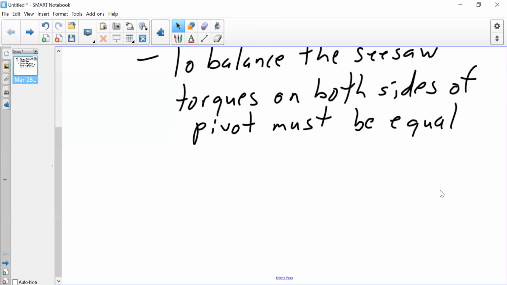So the equation for torque, like force where we get a net force, we have a net torque, which is the sum of all the torques in the system. The first torque plus the second torque must be equal to 0 for balance.